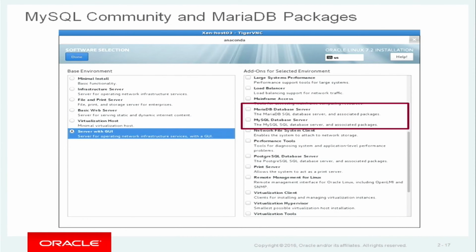Okay, and so those are simply to go in and click what things you want to add as an additional install. All right? Really very easy to do.